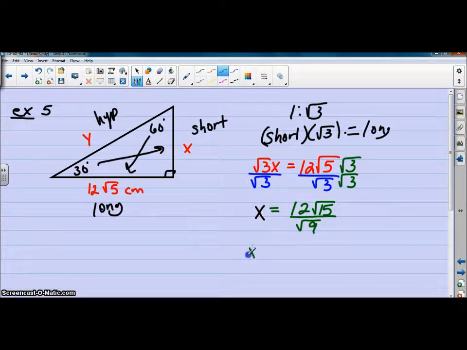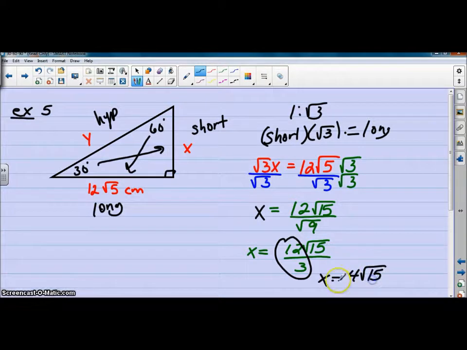Keep in mind that the square root of 9 does simplify down to 3, so I have 12 square roots of 15 over 3. It looks like my fraction will reduce. 12 over 3 simplifies to 4, so x equals 4 square roots of 15. And the square root of 15 doesn't simplify. It's made from 3 and 5, so no perfect squares. So 4 square roots of 15 centimeters is my short leg.